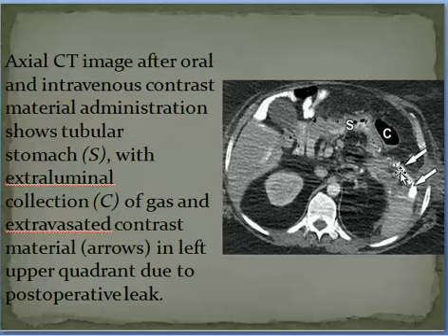This is all extravasation. This is fluid, and this is the oral contrast. So oral contrast with fluid is delineating here, and at the same time gas is formed at the region of leakage, and this is the small reconstructed stomach.